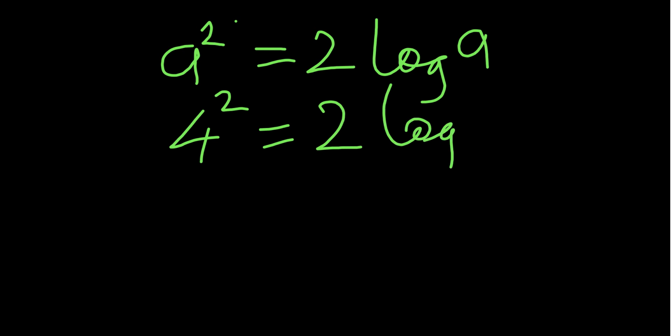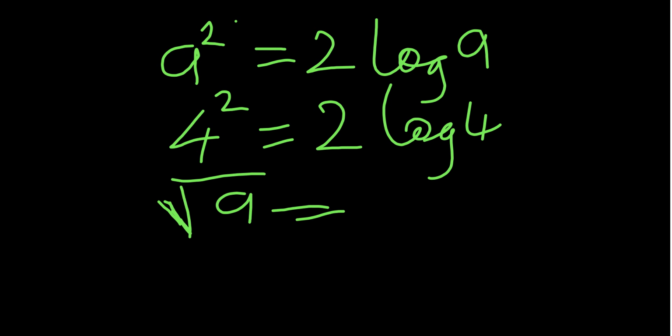So you may want to try to figure out what root A means in log terms. Root A means log A divided by 2. Okay, so these are the powers and the root laws of logarithm.